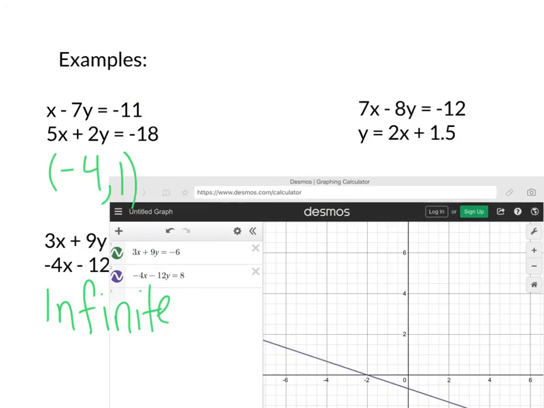Okay, I fixed that. So take a minute in Desmos and graph this next one. Take just a minute and graph it and see if you can come up with a solution for it.